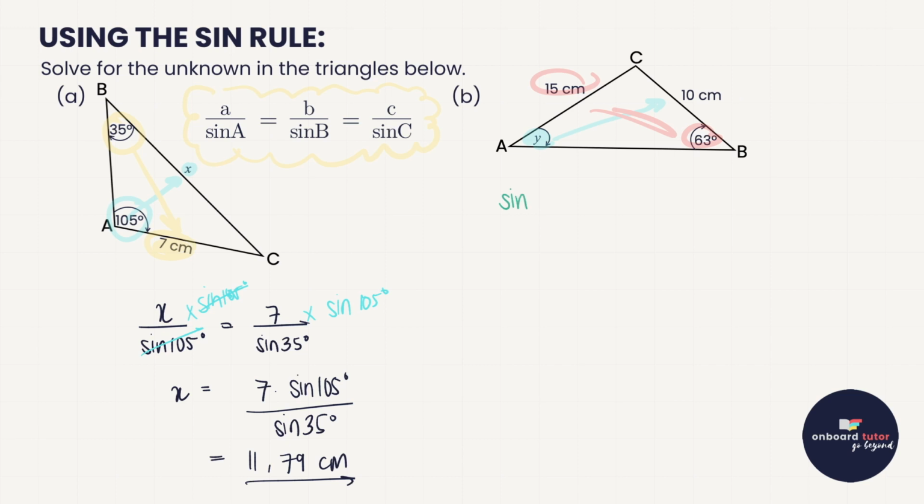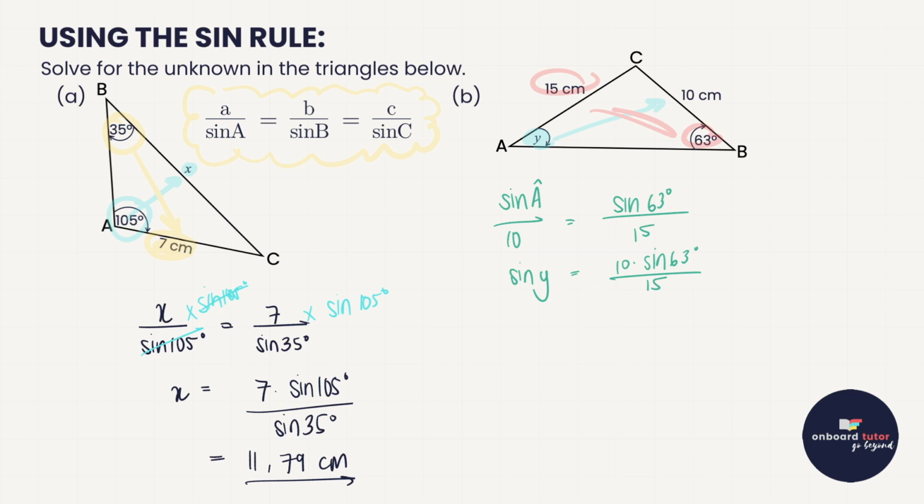Sine of angle A over side A, which is 10, is equal to sine of angle B, 63, over side B, 15. Again, we're going to multiply by 10. I'm going to change that angle A to y, so sine y is equal to 10 times sine 63 over 15.